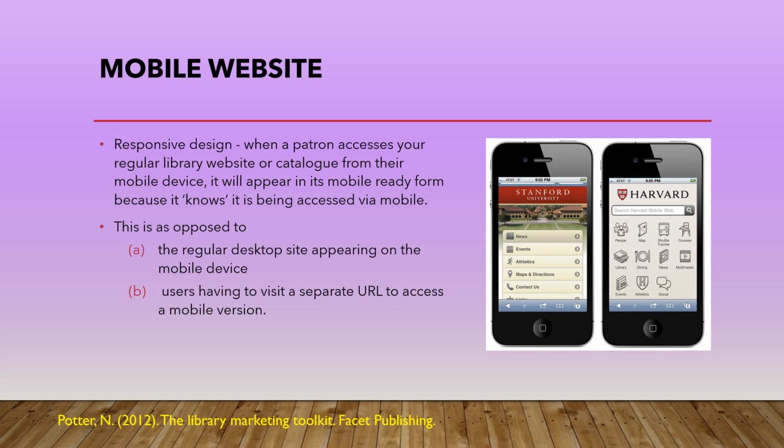So this is totally a mobile website itself, without users having to visit a separate URL to access a mobile version. So the desktop library website should have a mobile version of it so that it will be more accessible to users whether they use their desktop or their mobile phones.